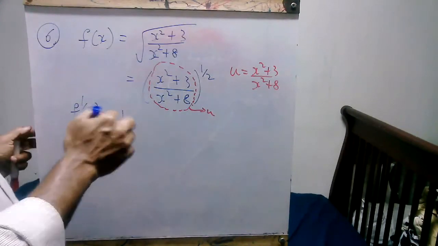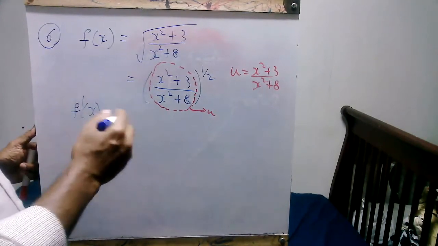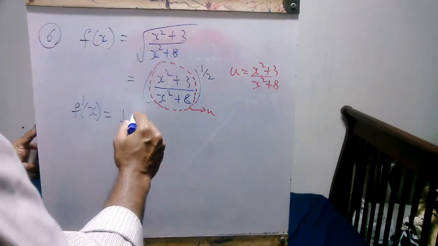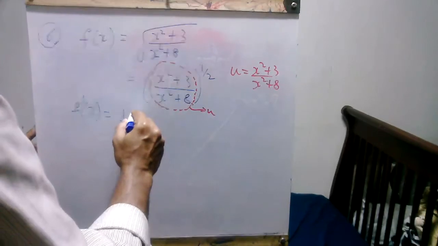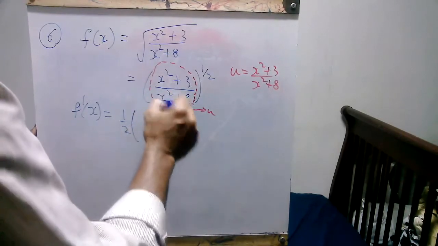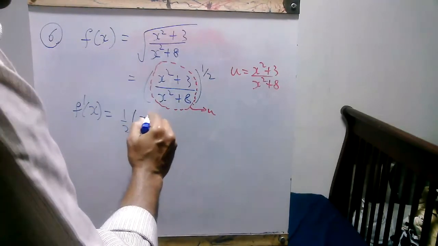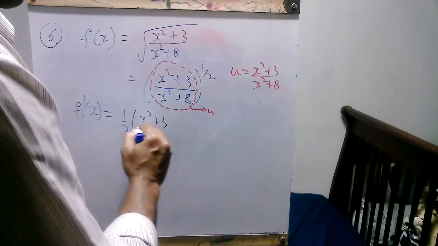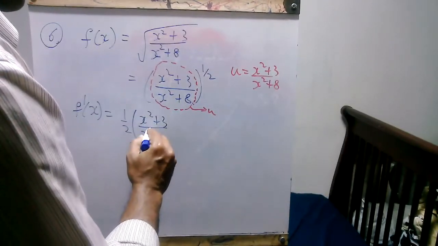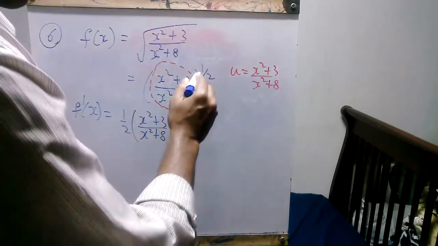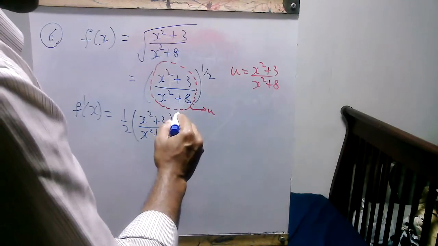So I try to keep it simple. Okay, half, this is the internal function, so the derivative with respect to u is x square plus 3 divided by x square plus 8, to the power half minus 1.